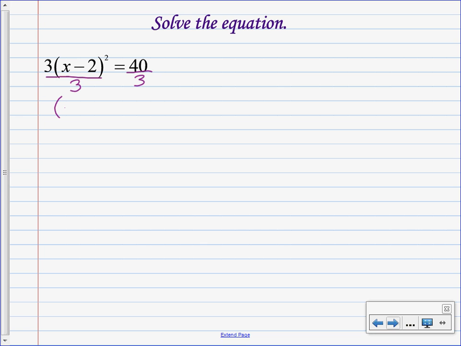And I get x minus 2 squared equals 40 thirds. How do I undo a square? I square root it. So if I square root this side, I have to square root the other side.